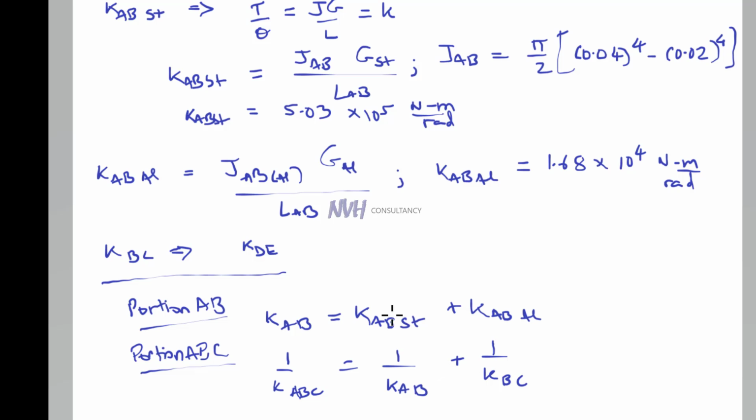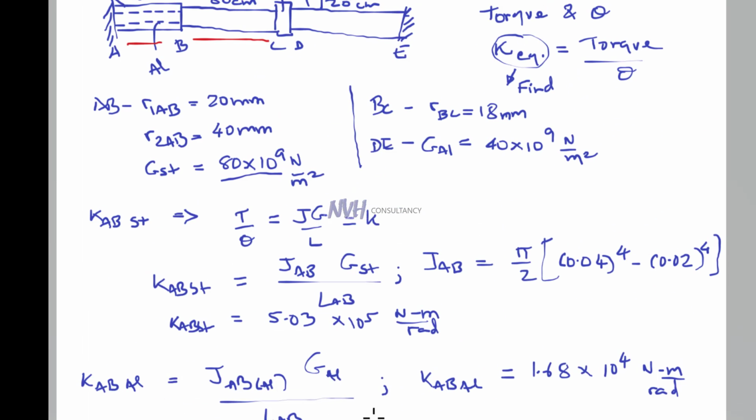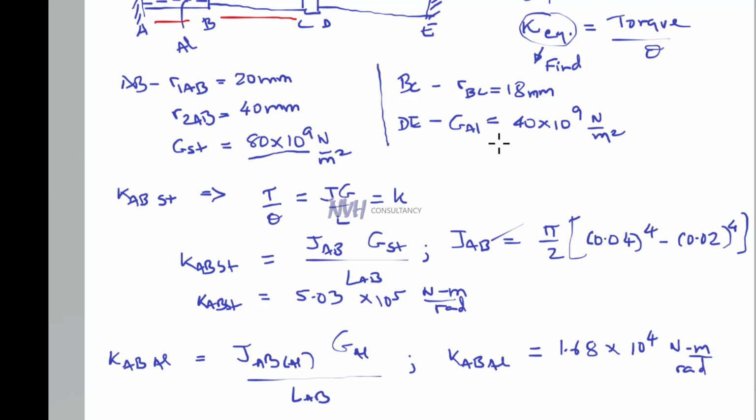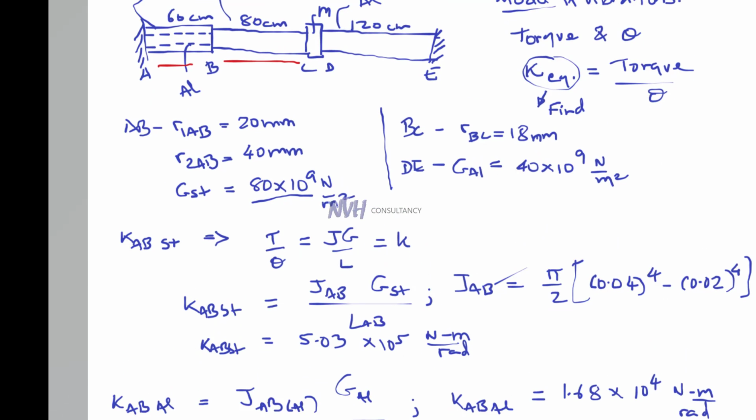Now CD is the collar, or the blob of mass, which is connected to this portion. Let's look at this again. This is the blob of mass. The way it is connected, the angle of twist for the entire portion before C and the angle of twist for the entire portion after D are going to be the same. That means these two portions will be in parallel.